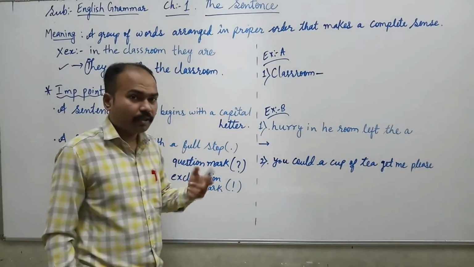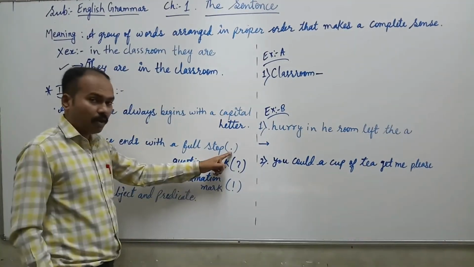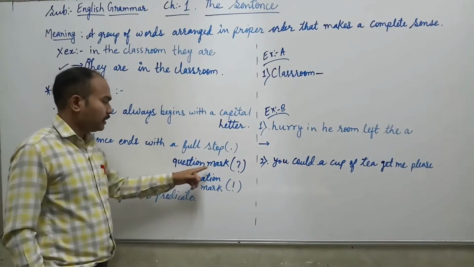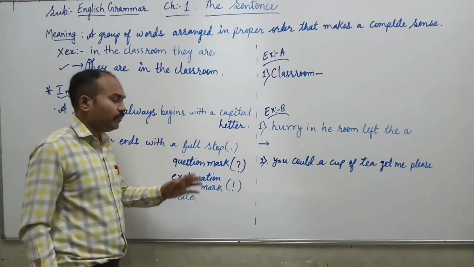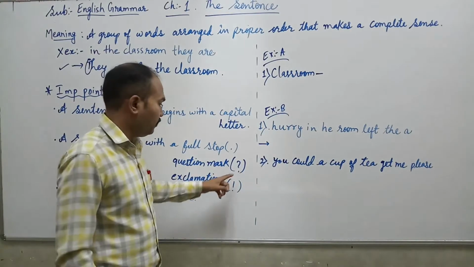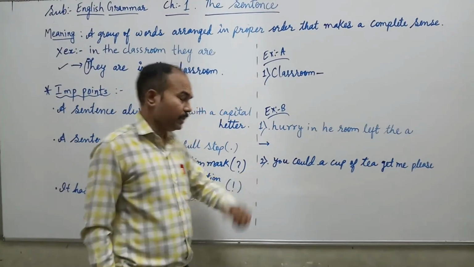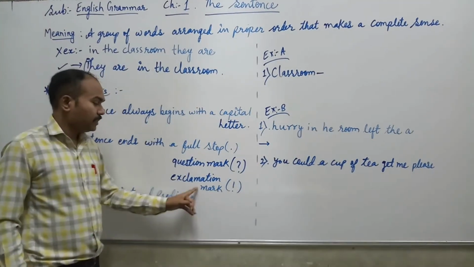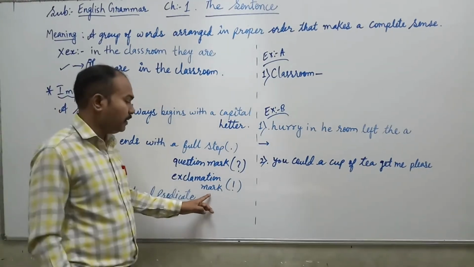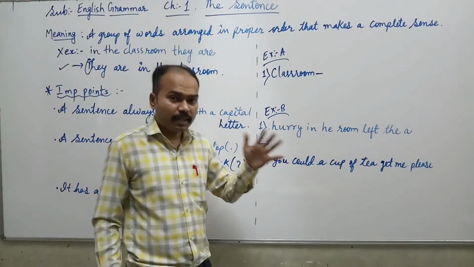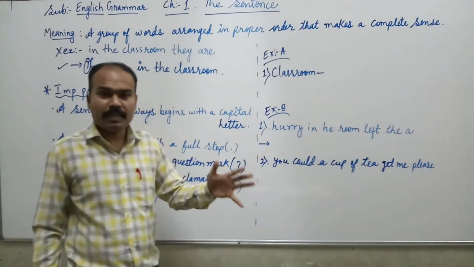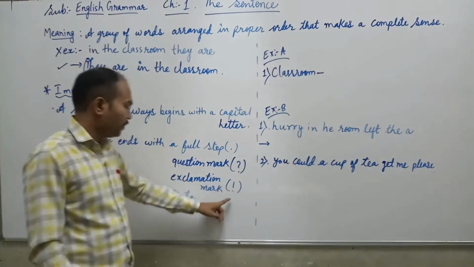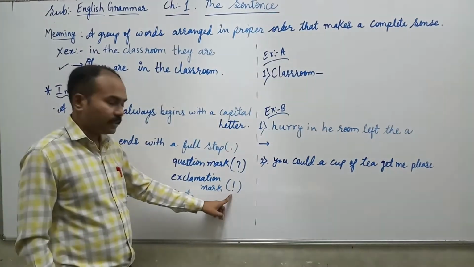If the sentence is assertive or imperative, we use the full stop. If the sentence is interrogative, meaning it asks a question, then we put a question mark at the end. If the sentence is exclamatory, meaning it shows sudden expression of happiness, sadness and so on, then we put an exclamation mark.